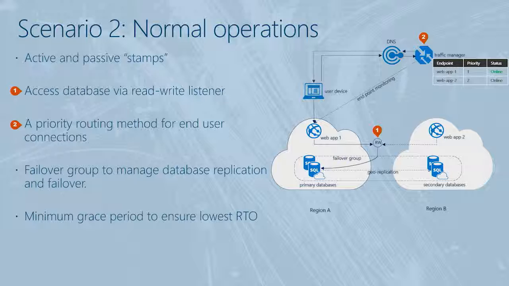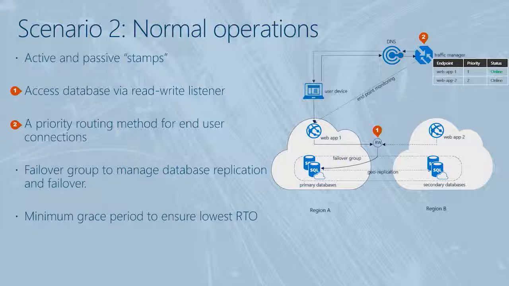And when you access it, you have this special endpoint that you connect to. And when failover happens, that endpoint automatically gets redirected by DNS to a new region, so that the application doesn't have to do anything special to continue to work after the failover.